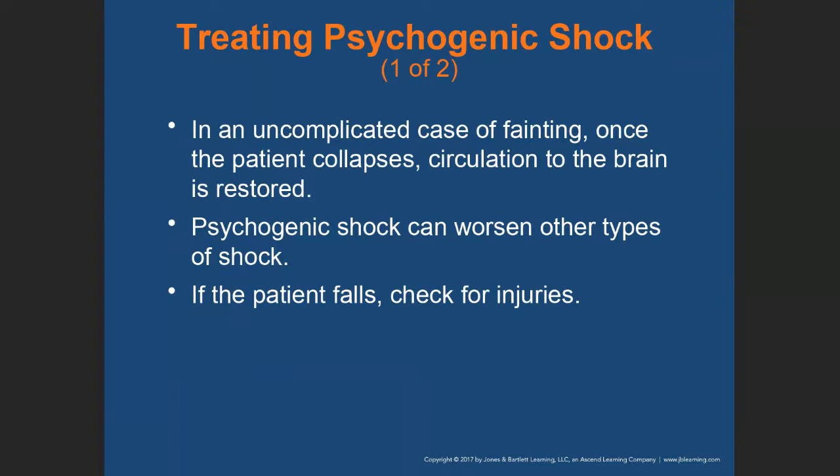Treating psychogenic shock in an uncomplicated case of fainting. Once the patient collapses, circulation to the brain is restored. Psychogenic shock can worsen other types of shock. If the patient falls, check for injuries.